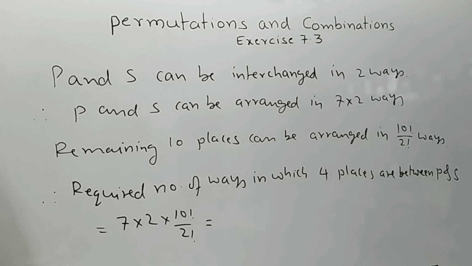Already we have got the value of factorial 10 divided by factorial 2, and multiply that value by 14.